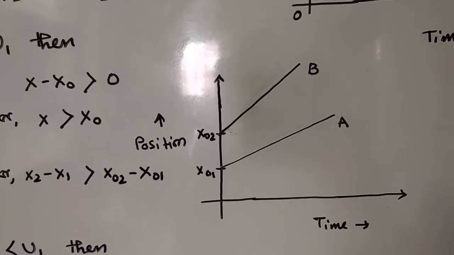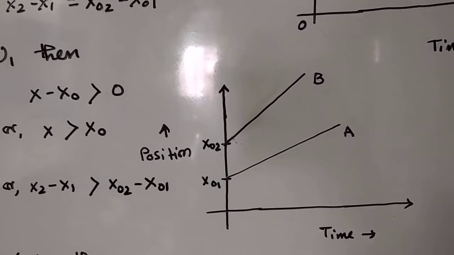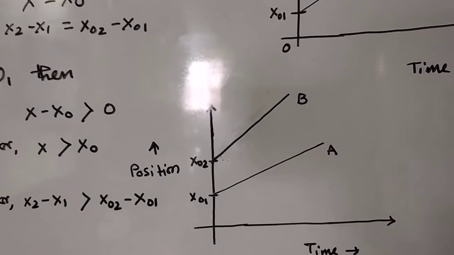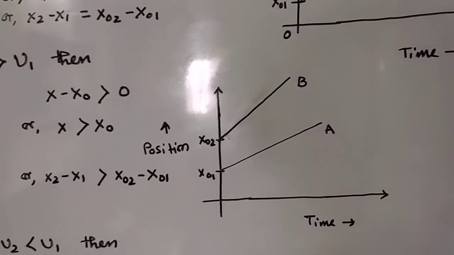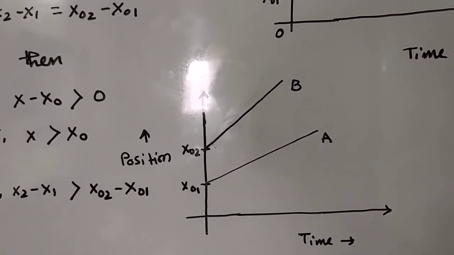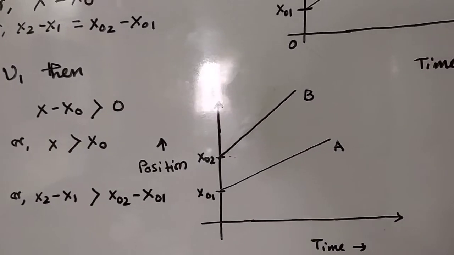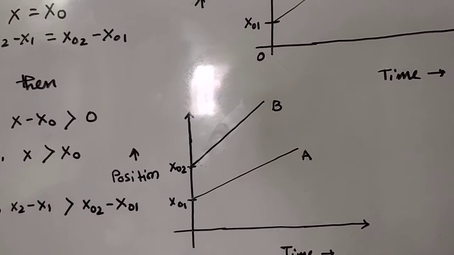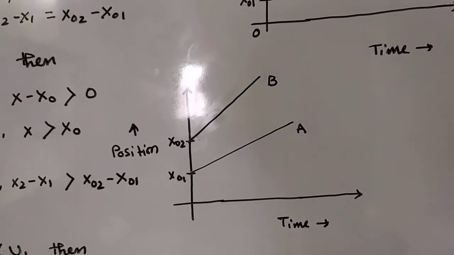So v2 greater than v1 means the slope for B is more than the slope for A, because slope is nothing but the speed or velocity in a position-time or displacement-time graph. As the separation increases with respect to time, the graphs spread out. Both graphs A and B spread out with respect to time.